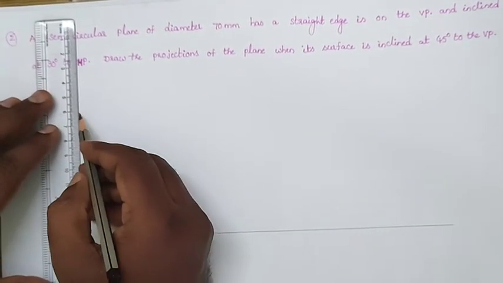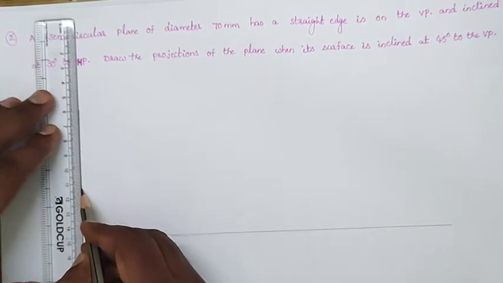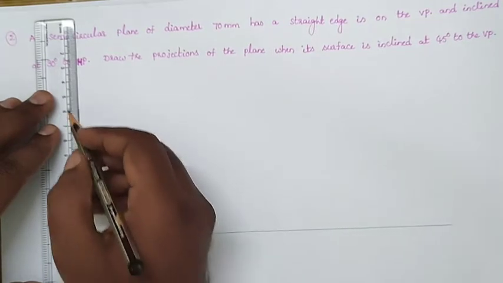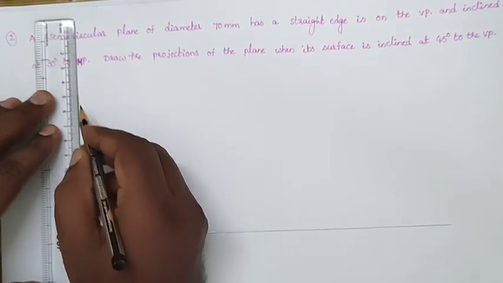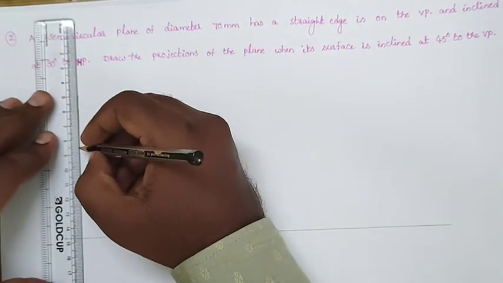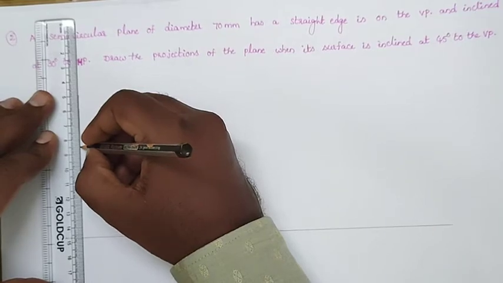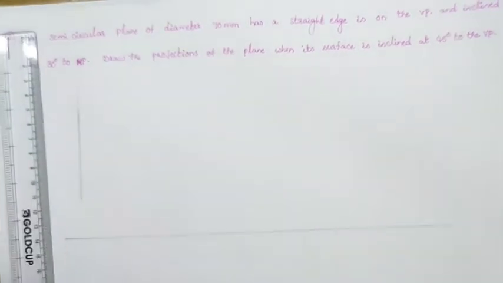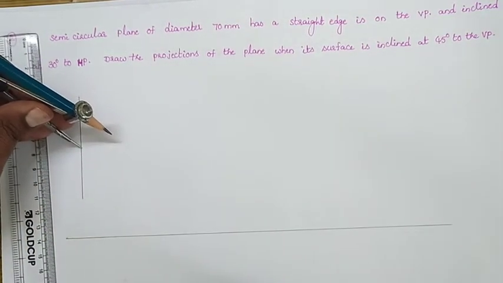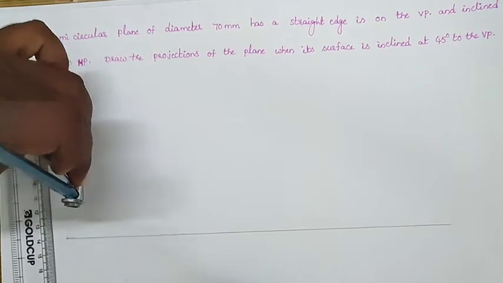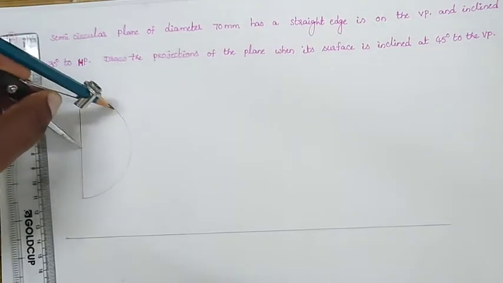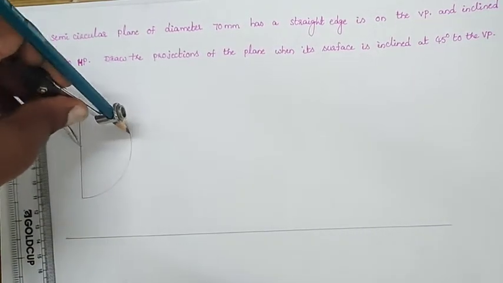The straight edge is 70 mm, so I am drawing a straight edge of 70 mm, locating its midpoint, and from that midpoint I am drawing the semicircle. This is the semicircle.